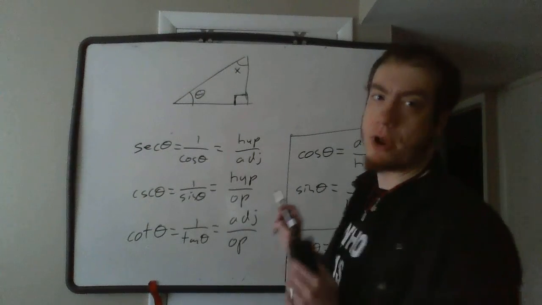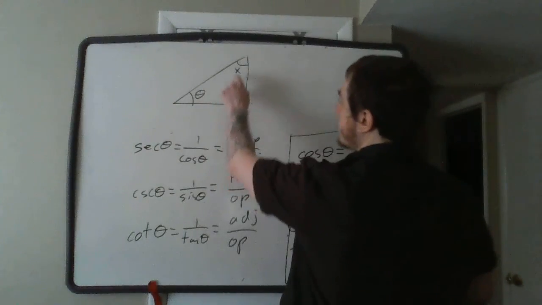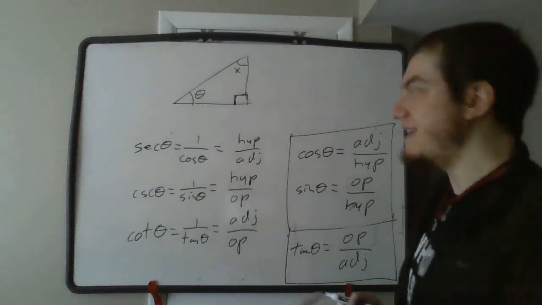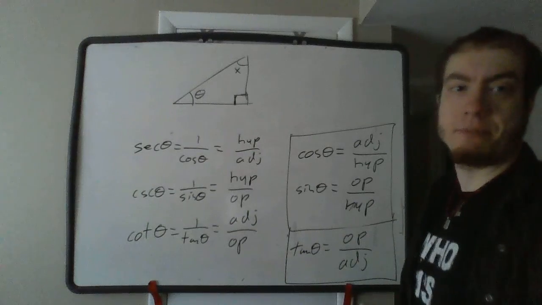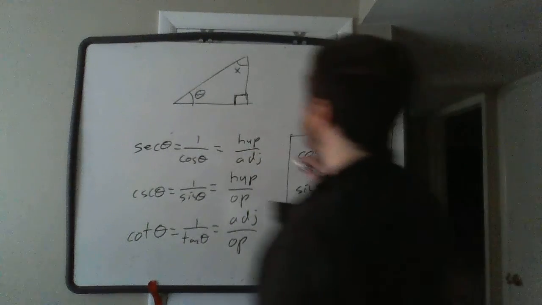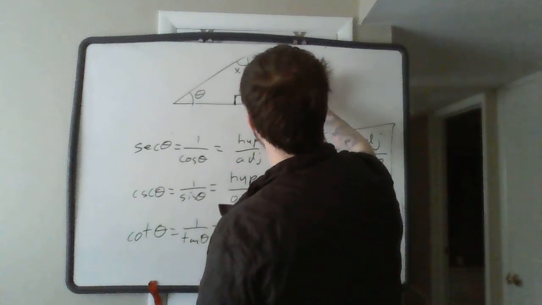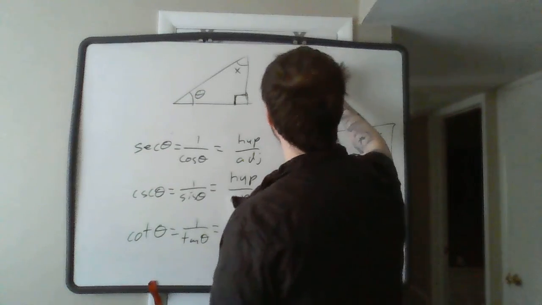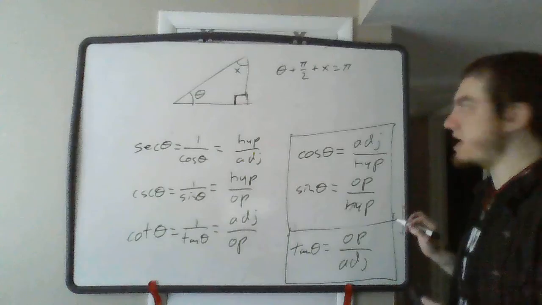One thing we know about triangles, if you add together the 3 angles of a triangle, you have to get, in degrees, 180 degrees, or in radians, that would come out to be pi radians. So one thing we know is that theta plus pi over 2, that's this angle here plus the right angle, plus x, this is going to have to be equal to pi in radians.